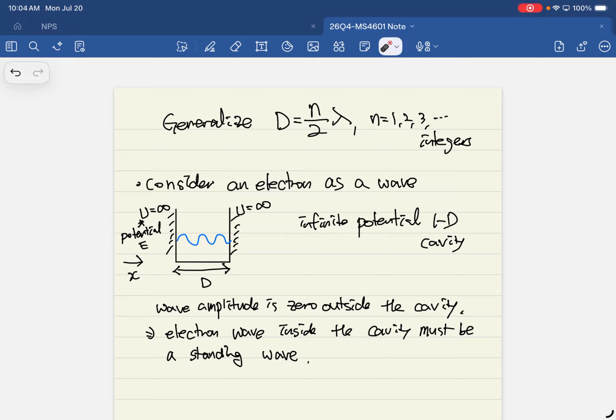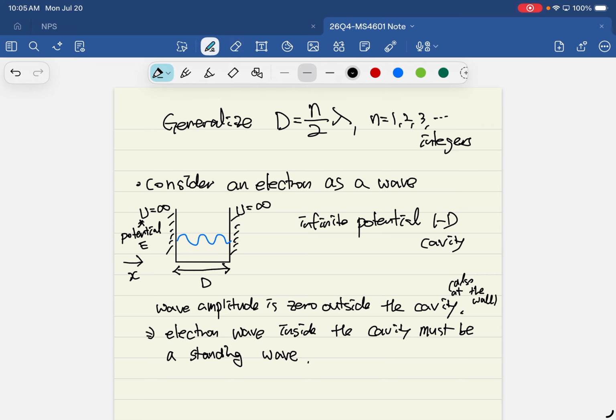Because of that, the wave created within this cavity must be a standing wave, because the wave amplitude is 0 outside the cavity and at the boundary, at the wall. Essentially we are fixing both ends, and within this cavity we are creating a standing wave.